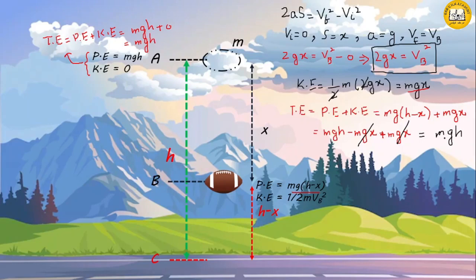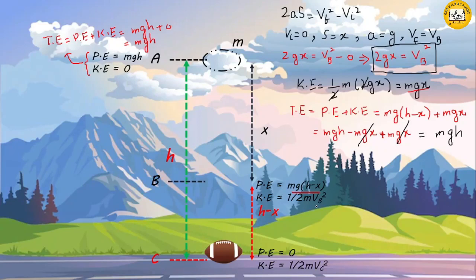Let's allow the body to complete its trip and hit the ground. At position C, just before the body strikes the earth, potential energy is 0, as height has become 0 from the ground, and kinetic energy is equal to half m vc square, where vc can be found by the third equation of motion, as we calculated the value of vb earlier.